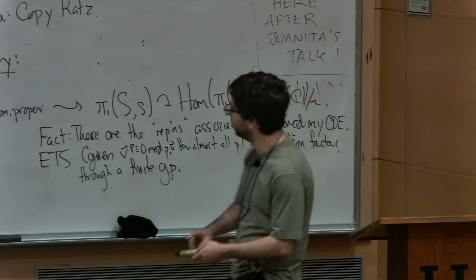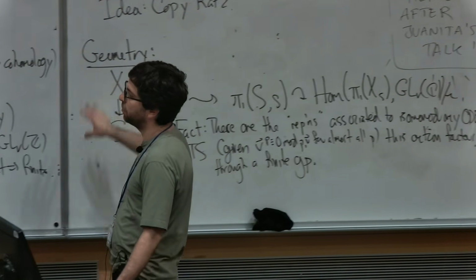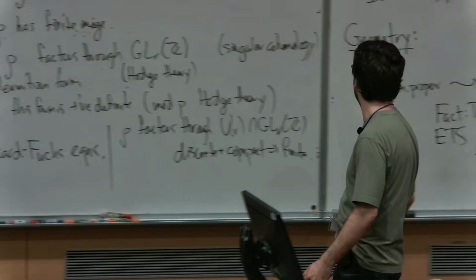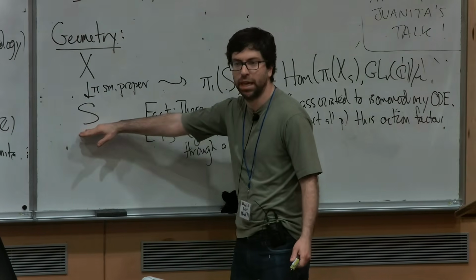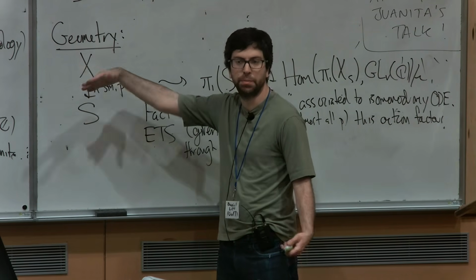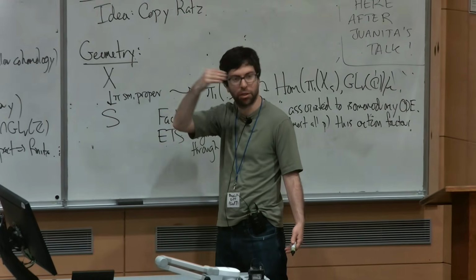Maybe just to orient you, for the example of a family, for the Schlesinger system, what I wrote over there is you take S to be M_{0,n}, the moduli space of genus 0 marked points, and X to be the compactification of the universal family with its marked divisors.